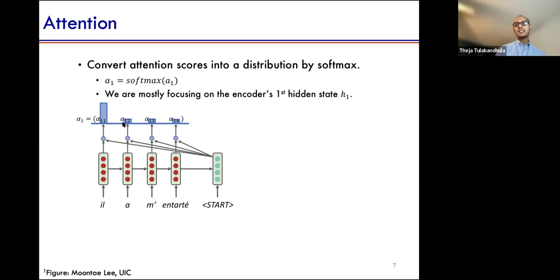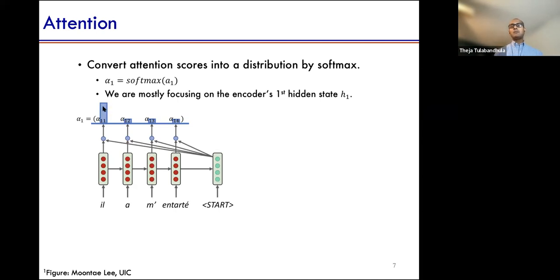You can see that in this normalized attention vector, this one seems to be the highest compared to the other 3. It's an indication that while I'm producing the first word, this first hidden vector is important.